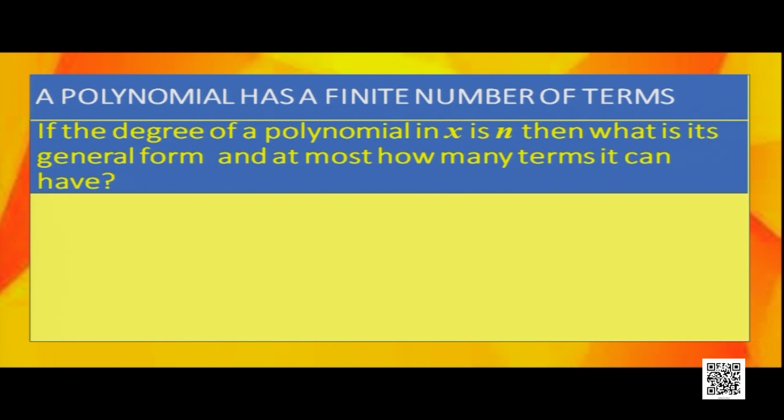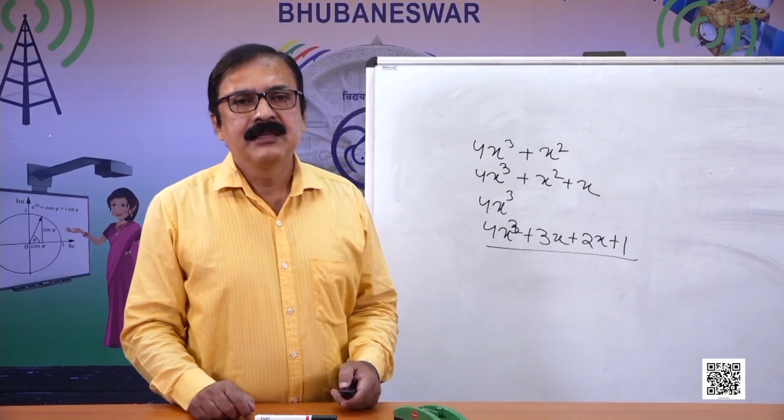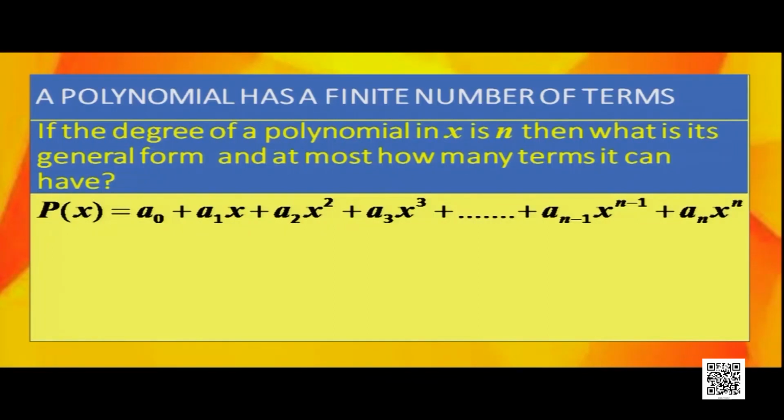So if the degree of a polynomial in x is n, what is its general form, and at most how many terms can it have? We can write this degree n polynomial as a0 plus a1x plus a2x square plus a3x cube, and in this way up to a(n-1) x to the power n minus 1 plus an x to the power n.